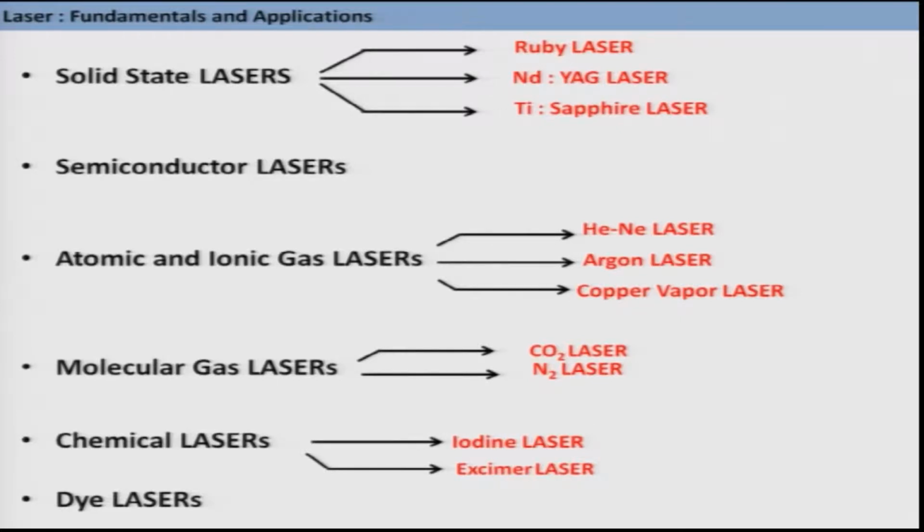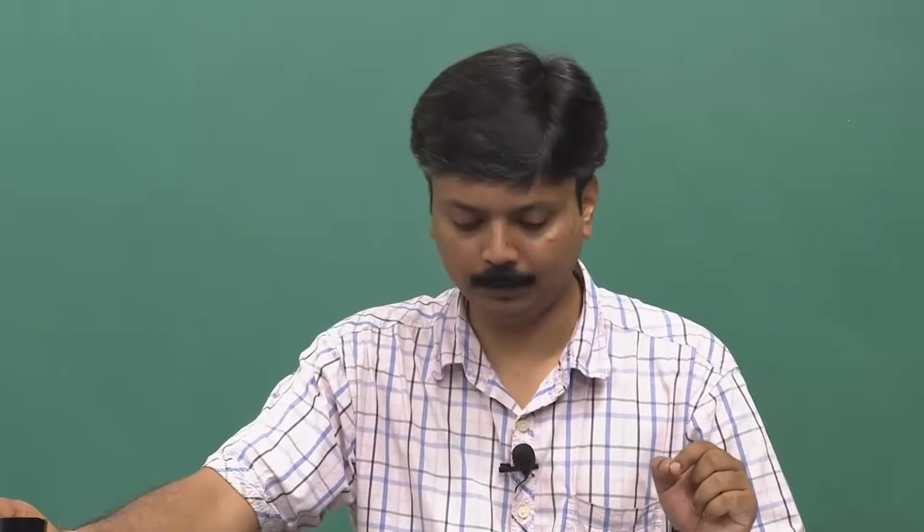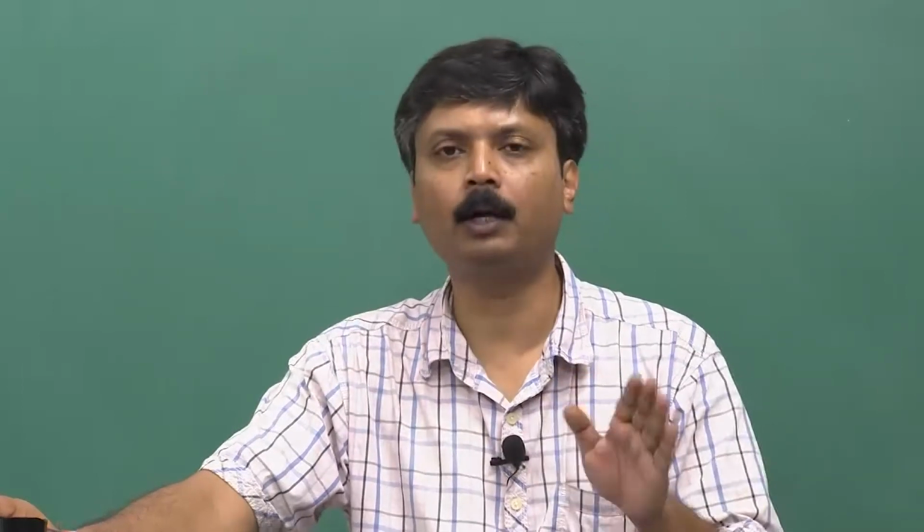We will look at the argon ion laser and the copper vapor laser. Under the molecular gas lasers, we will look at carbon dioxide and nitrogen lasers. Under the chemical lasers, we will talk about iodine lasers, and one of the very unique kinds of laser known as the excimer laser. And of course, we will talk in detail about the dye laser configuration.